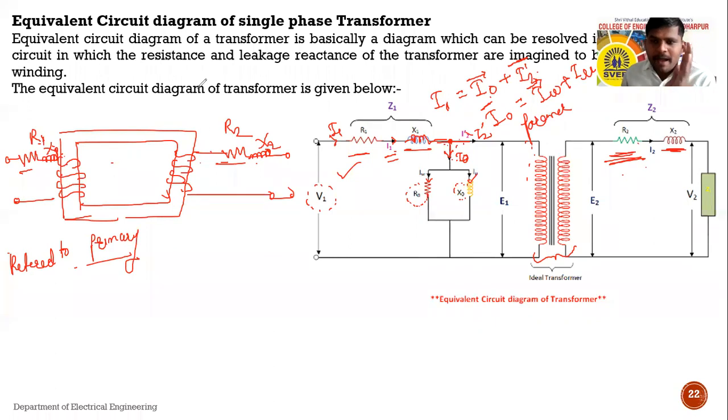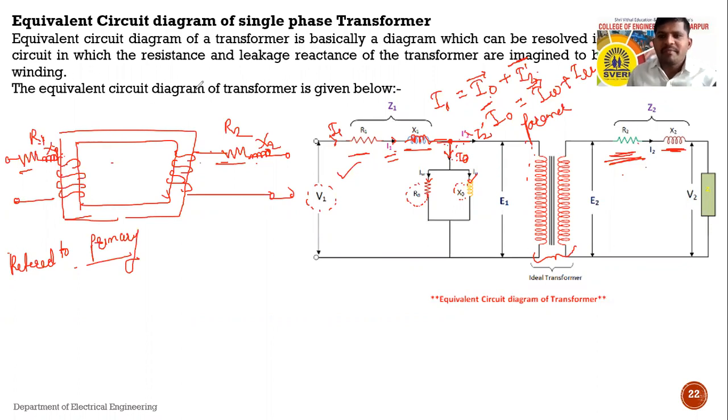How it can be transferred and how its equivalent will be obtained, I will explain that. Suppose we are considering resistance, suppose we are considering reactance, then how this value can be transferred, I will tell. All of you keep in mind, because it is a very important point. Some problem will be asked on that point also.